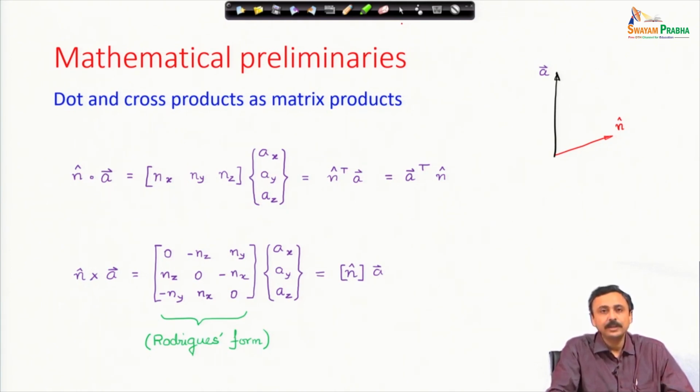The square bracket will indicate that it is a Rodrigues form of the vector n cap. Now, if I multiply this matrix with the A column vector, I will get n cross A. And remember, the cross product is non commutative.